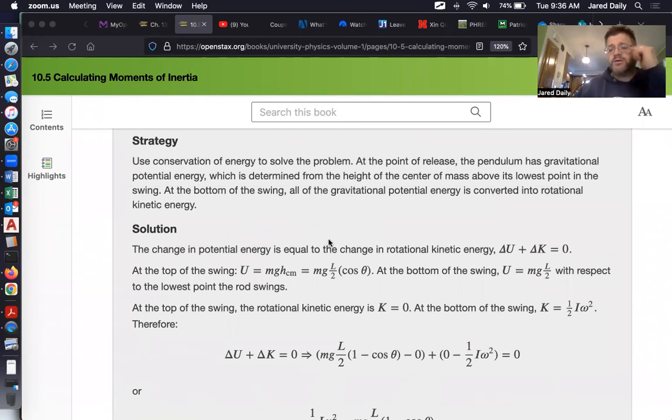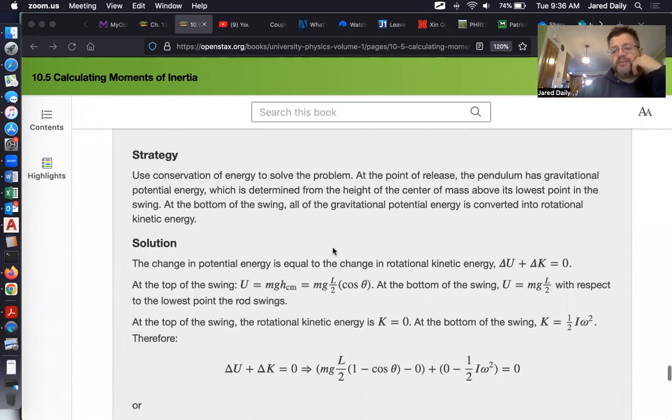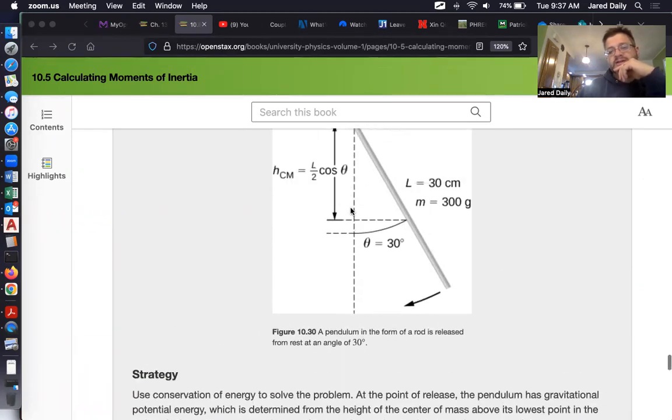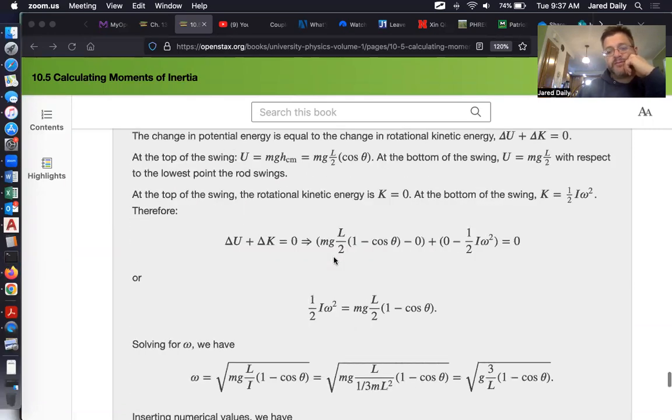Oh yeah, so they actually do both the top and the bottom of the swing here. I didn't see that they'd calculated the bottom of the swing one. So here we have, at the top of the swing, mgL over 2 cosine theta. But at the bottom, it's just mgL over 2 because that's this point right here. So either way.